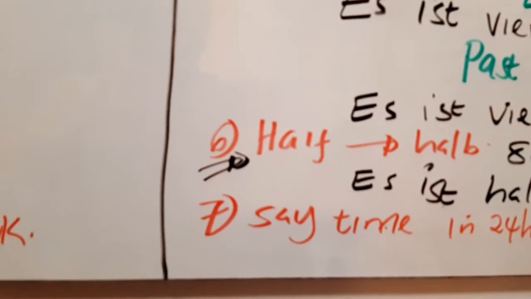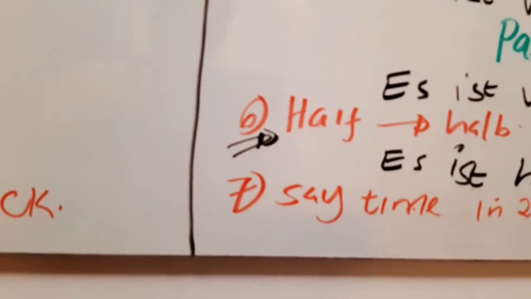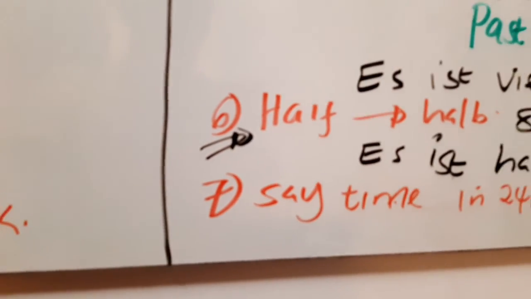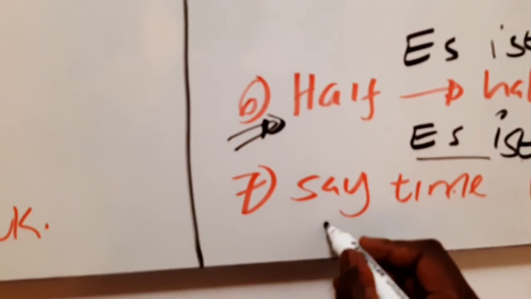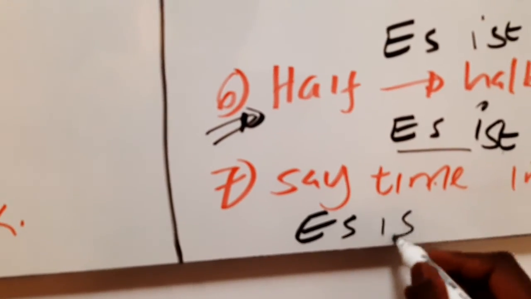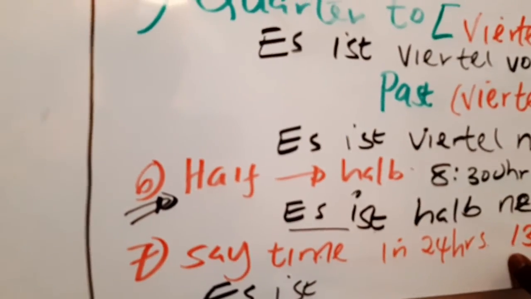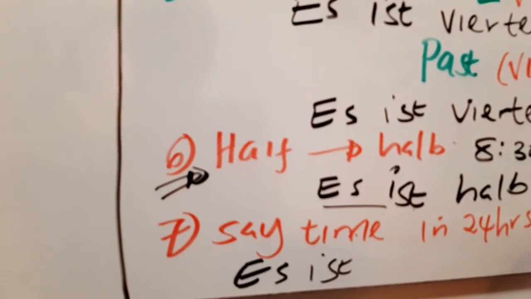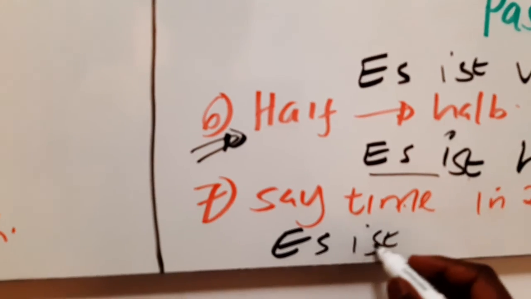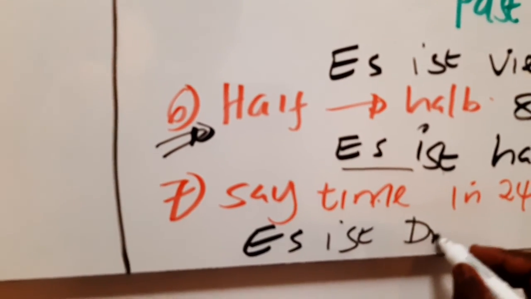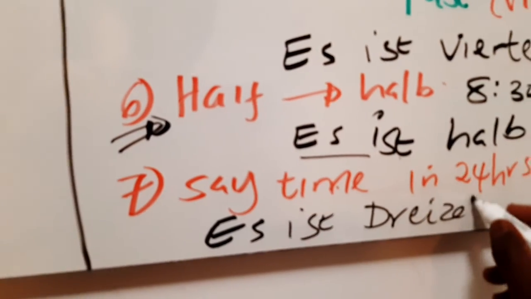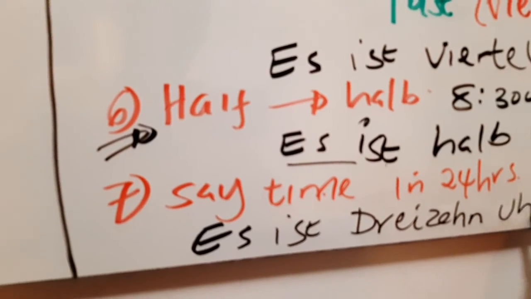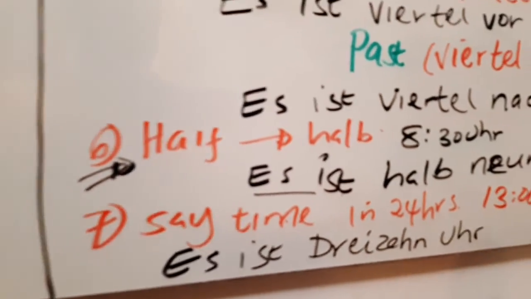So what you'll have to do here is, of course, you'll maintain the es ist, and here you'll just use the number and then you finish with Uhr. So 13 is 13, so it will be es ist 13 Uhr.